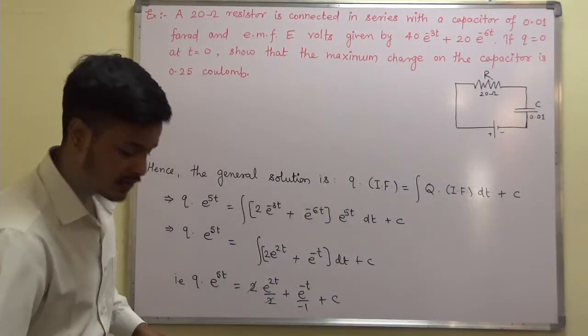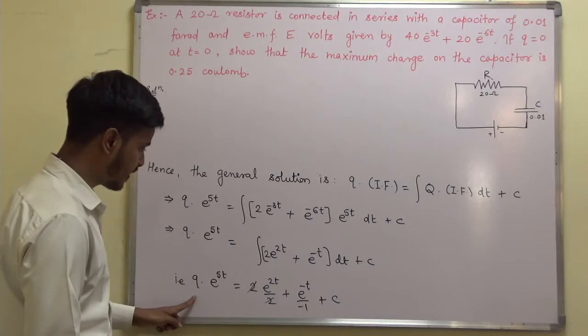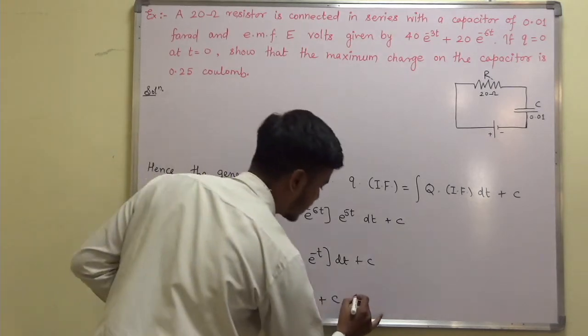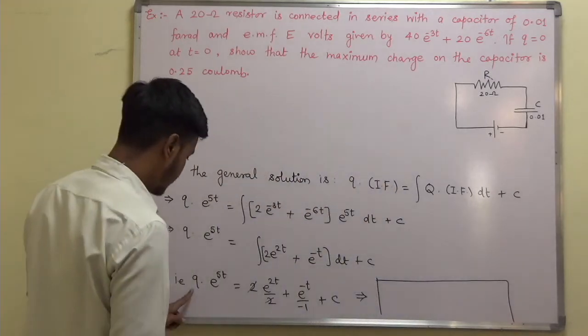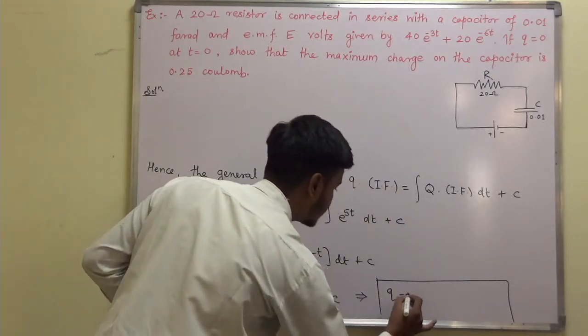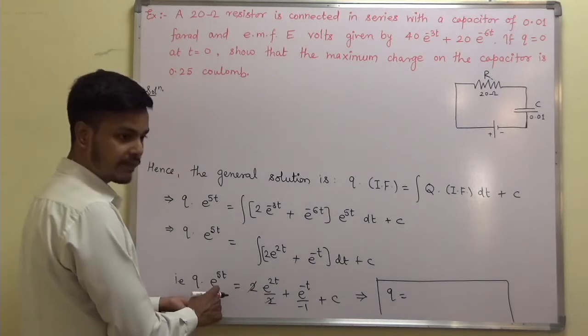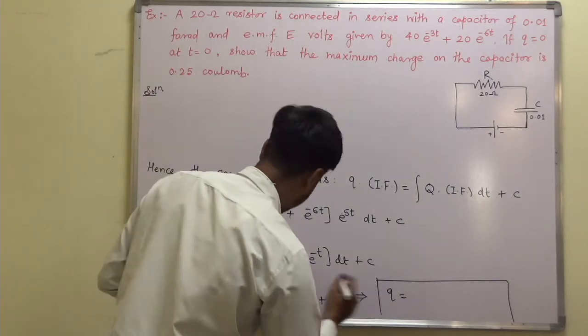Okay, so what is it? We have this, so you just have to divide by e to the power 5t. So you remain with, what is it? q is equal to e to the power 2t divided by e to the power 5t.